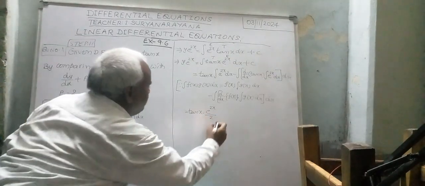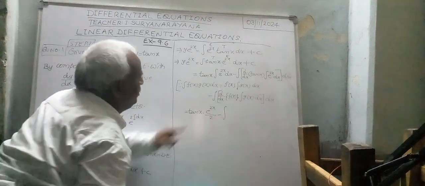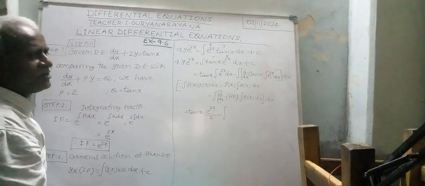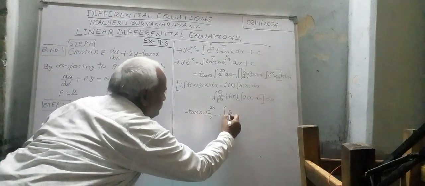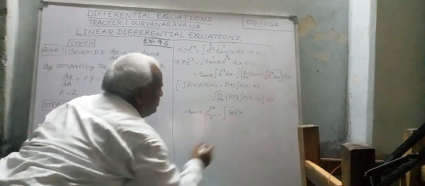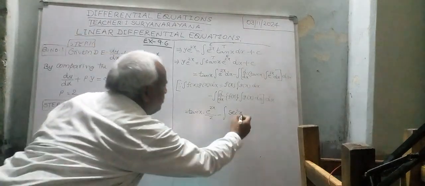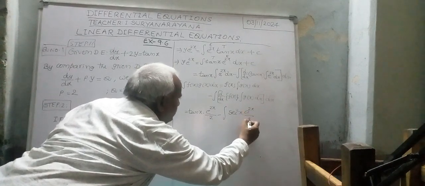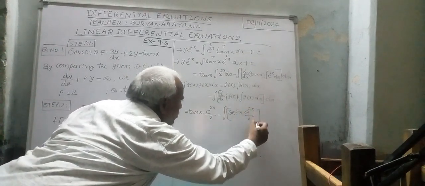Okay, minus integral d by dx of tan x, that is secant square x, into e power 2x by 2, whole dx.